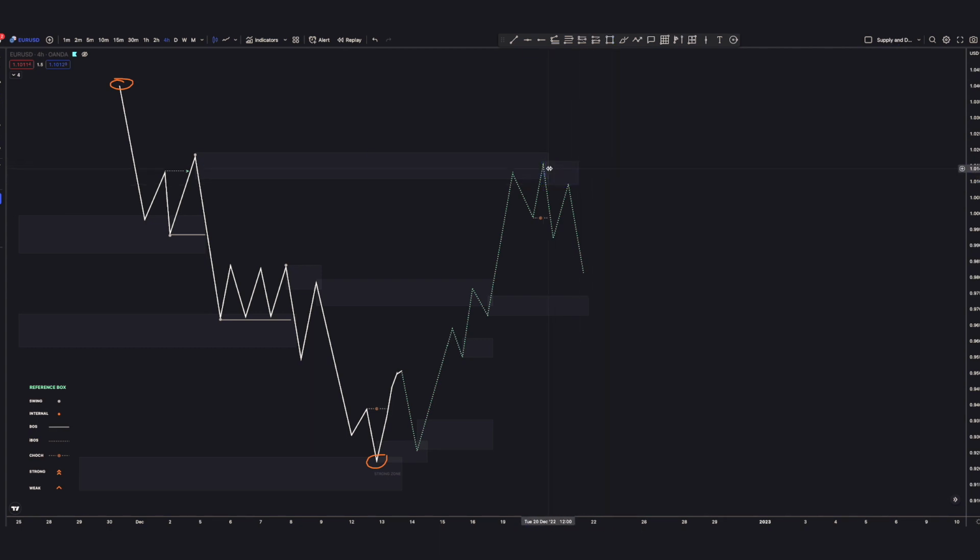Remember, why are we mapping this area here? Because this was the area where price pushed to break structure, which was a fractal structure in this example. But right now we would have a fresh supply, which means that this supply is holding.